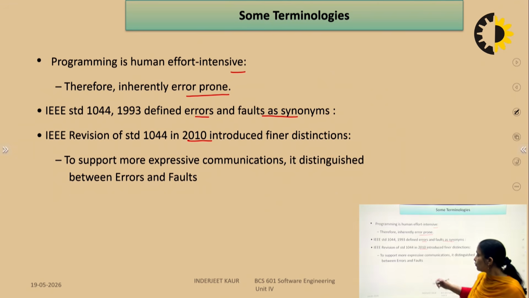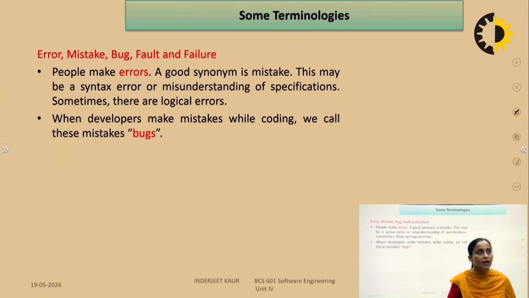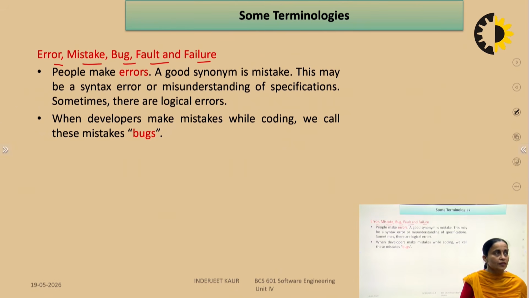To support more expressive communication, they have distinguished between errors and faults. So we will first define the different terminologies, that is, what is the difference between error, mistake, bug, fault, and failure. We will start with the error.